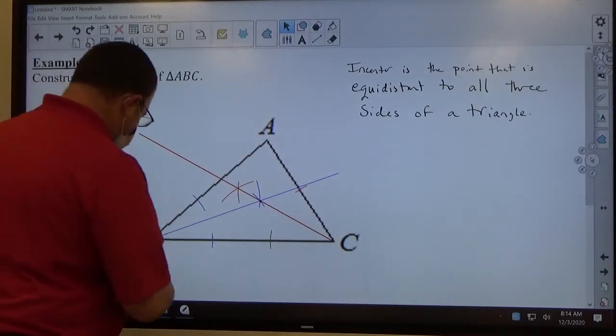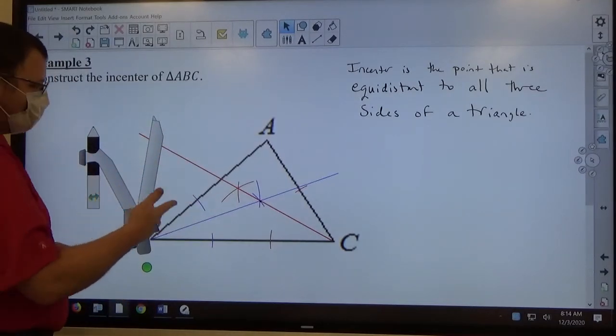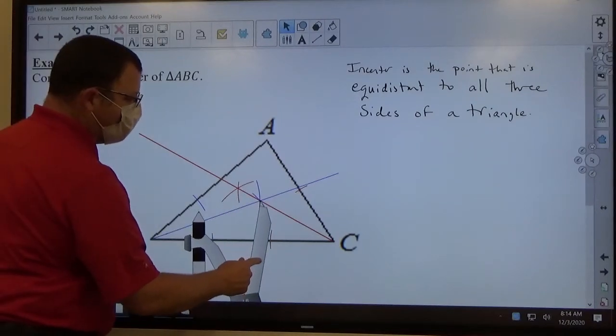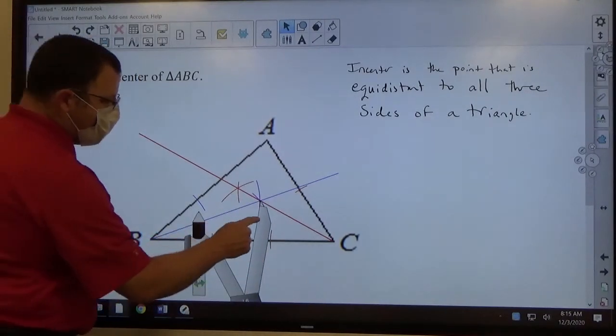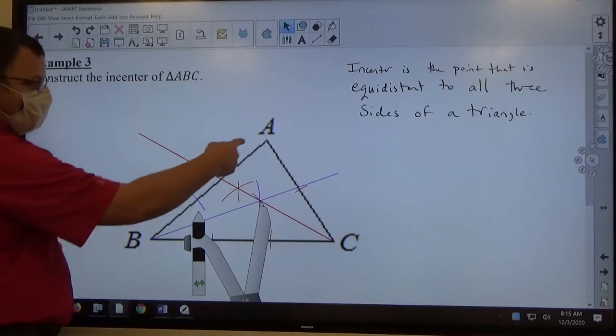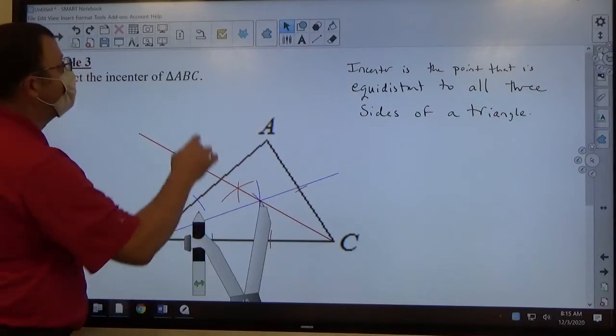To construct a perpendicular from a point to a segment, let's say I want to go perpendicular to AB over here. Doesn't matter which segment you go with. I'm going to position my compass on the in-center and open up to a comfortable radius. It has to touch both sides though, so you can see I've got more room coming this way than that way probably.